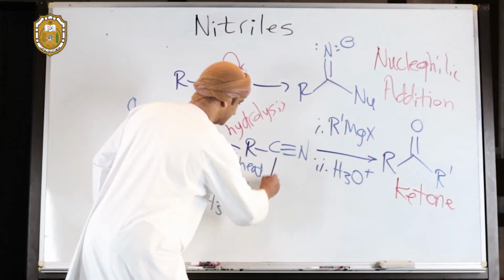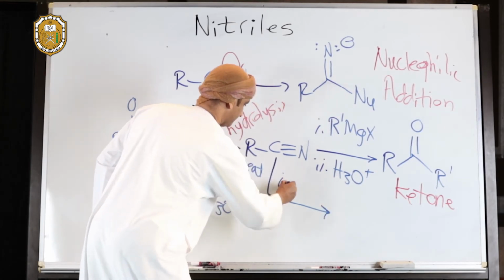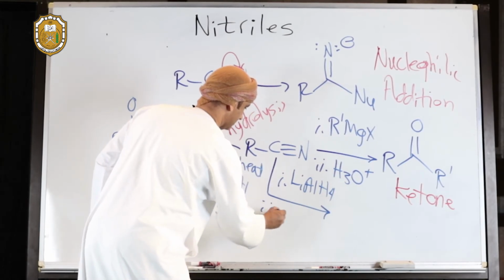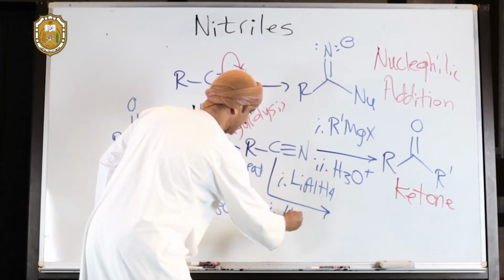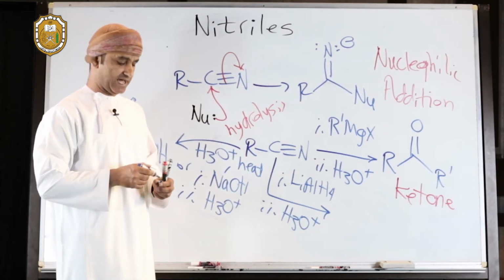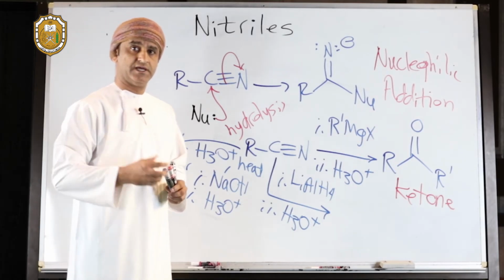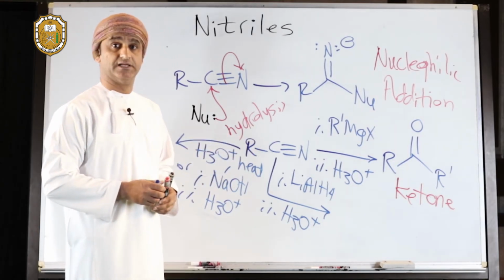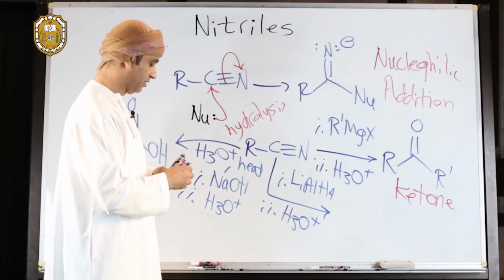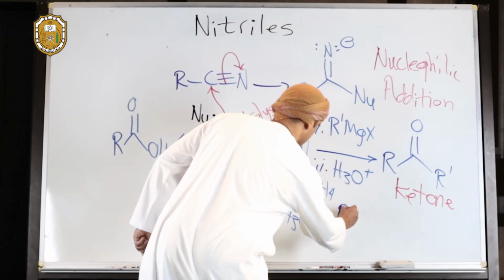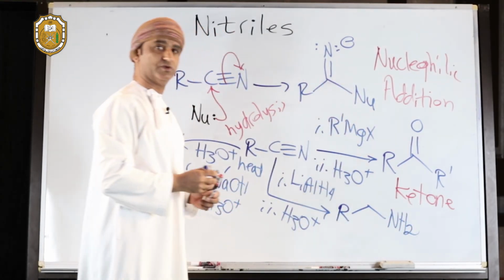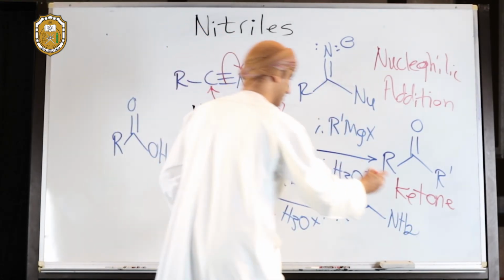So nitriles can undergo reactions with hydride ions, such as those from lithium aluminum hydride, a strong reducing agent, which gives the hydride ion as the active nucleophilic species, which acts as a nucleophile, in this case to do the nucleophilic addition on nitrile. So what's obtained is the corresponding primary amine, or CH2NH2.